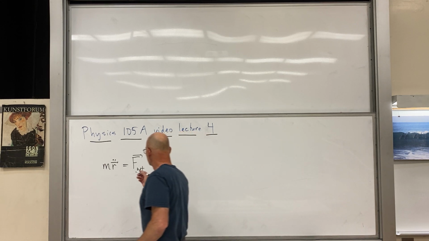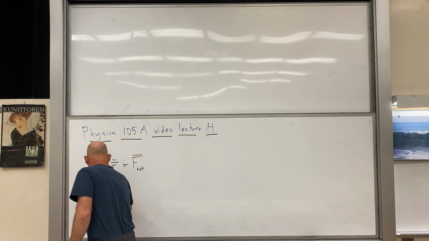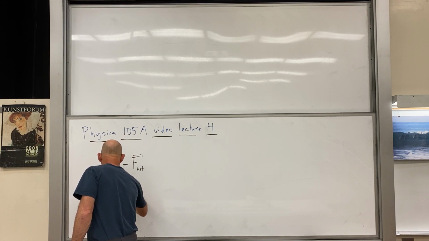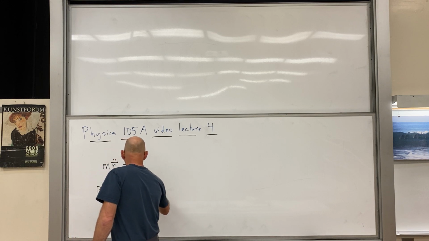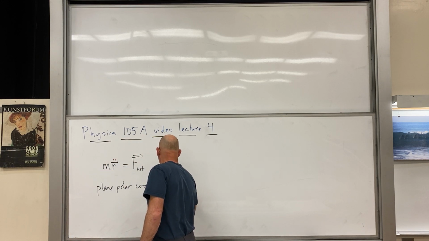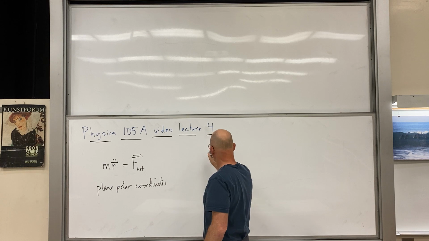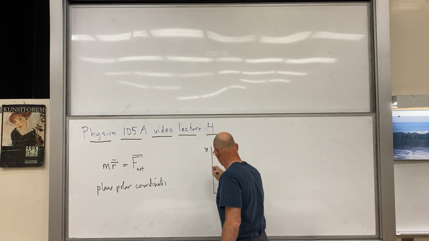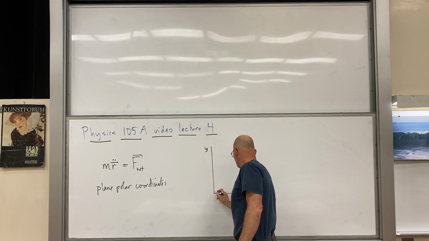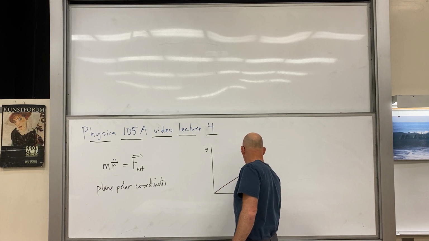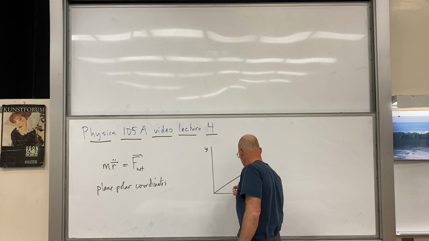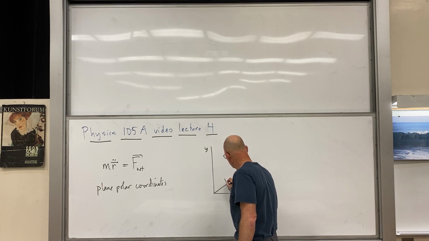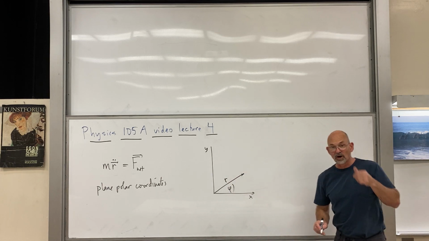So, plane polar coordinates. We'll have our picture here once and for all. There's our x and y Cartesian axes, and we have a vector. There's an angle phi, and there's the magnitude of the vector, r.